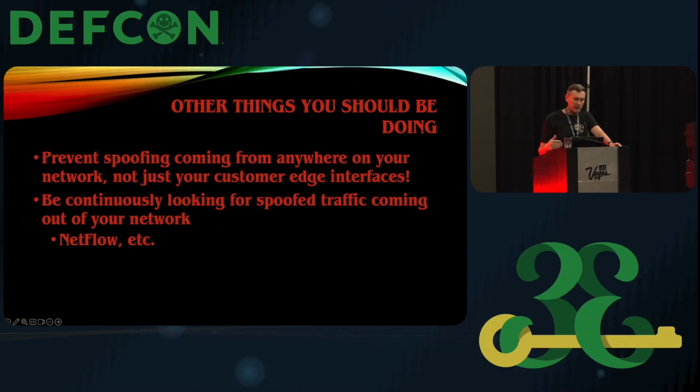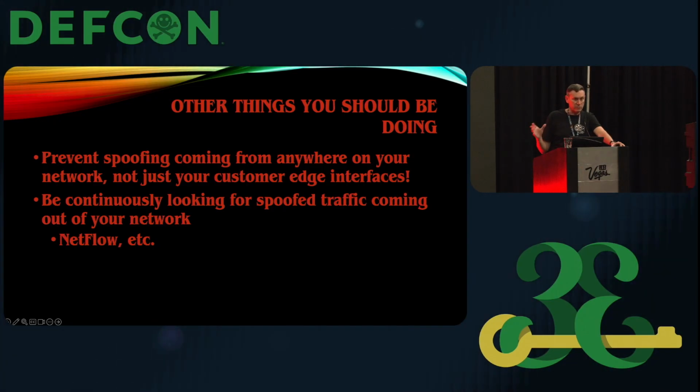Some other things that you should be doing, you should prevent spoofing coming from anywhere on your network. Normally we have these filters to prevent spoofing from the edge, from our devices like laptops that are directly connected, but most networks do not have the filters preventing the routers from doing spoofing.